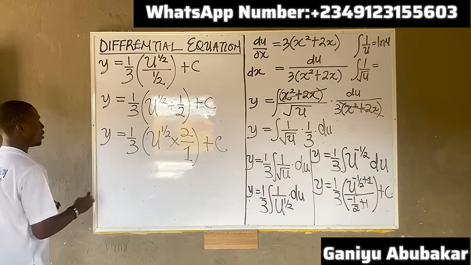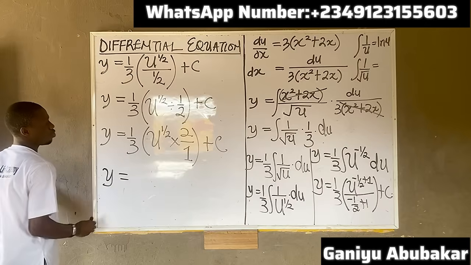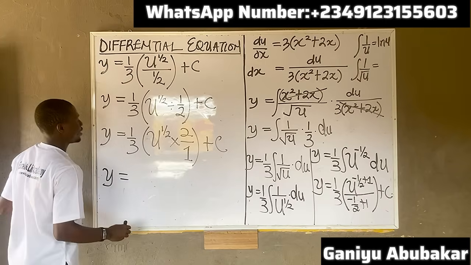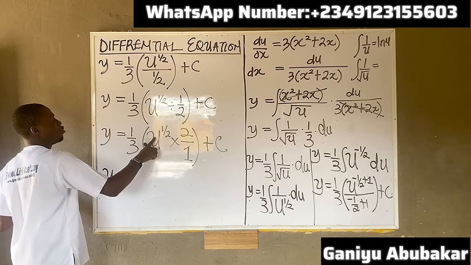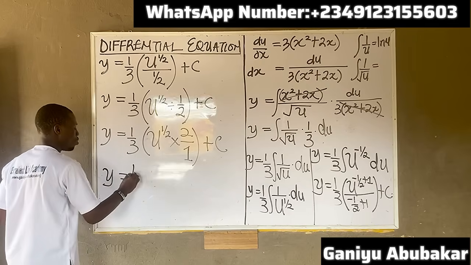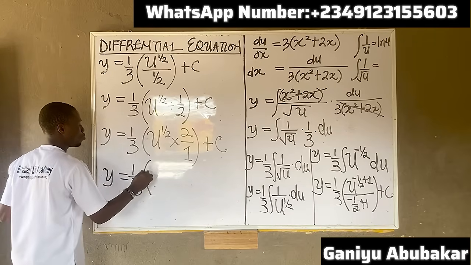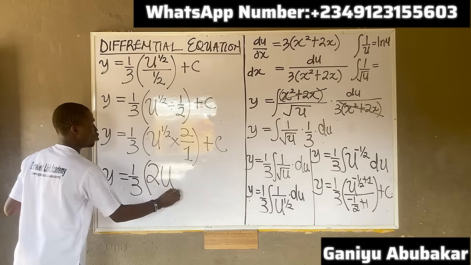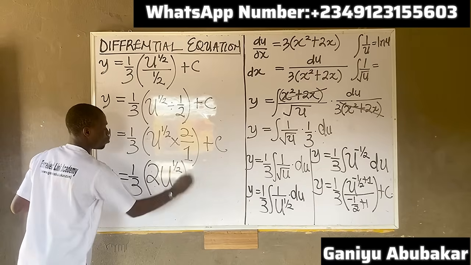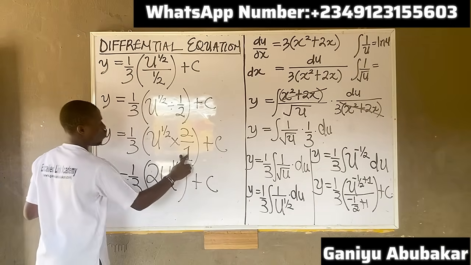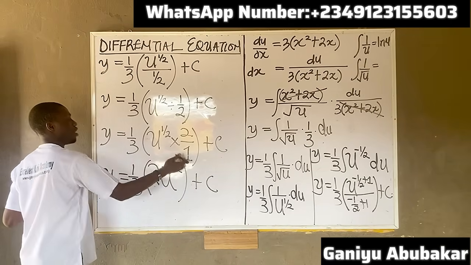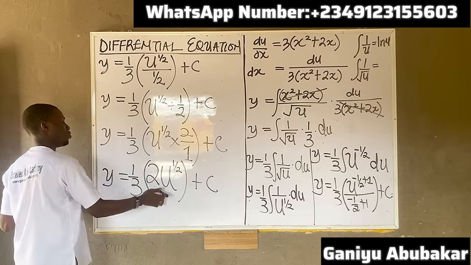From this, y is now equal to u to the power 1/2 times 2. That gives you 1/3 into 2u to the power of 1/2, then plus c. 1 is just there. 2/1 is still 2. 2 times this value gives you this.